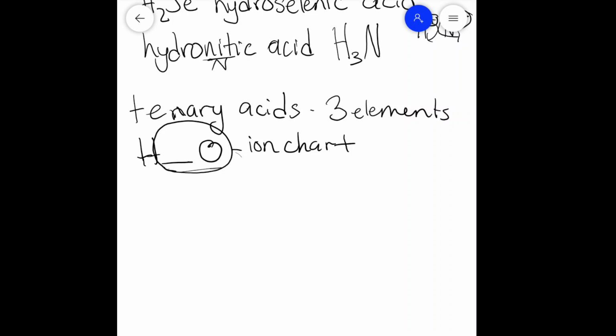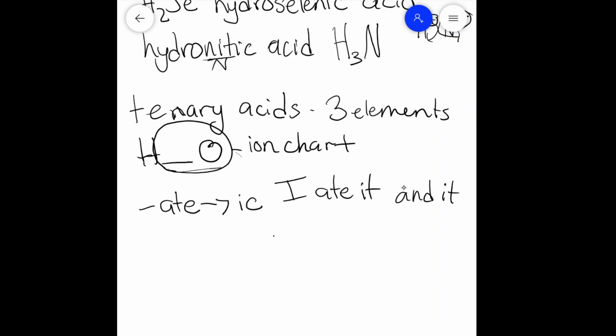So if it ends in ate, it's now going to become ic. And the way to remember that, Miss Mock came up with this, I cannot take credit, but I ate it and it was icky. So ate turns to ic.